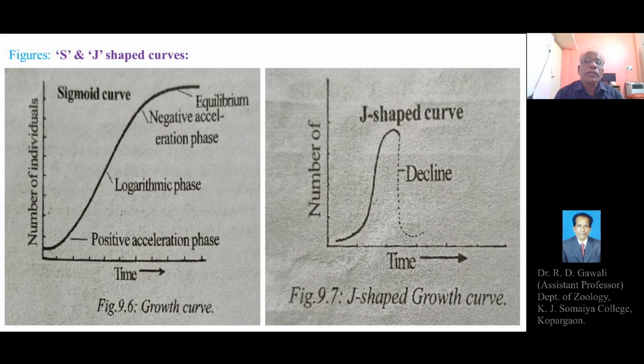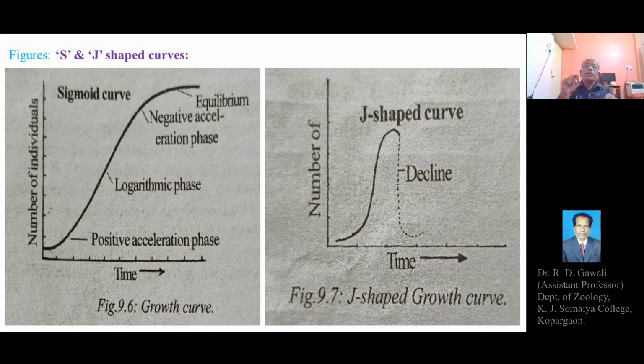In the first figure, on the left hand side, when the growth curves are drawn, the increase in number of individuals of a population is plotted against time. So when population growth is plotted against time, the growth curve obtained represents an S shape.